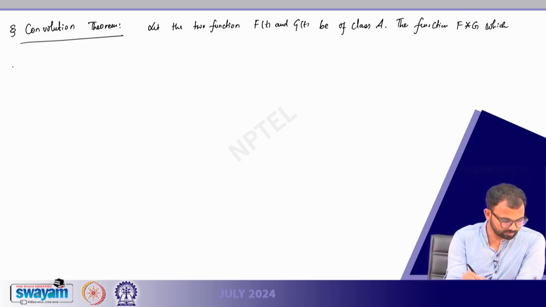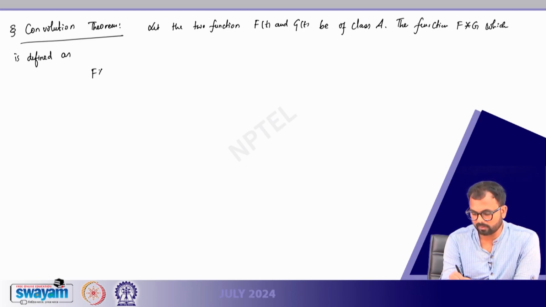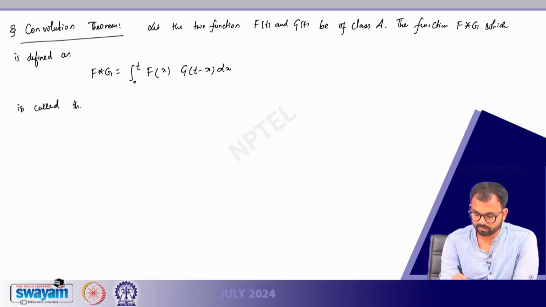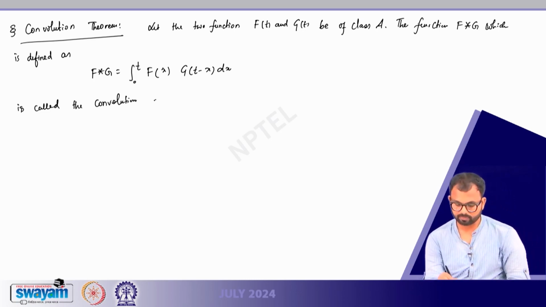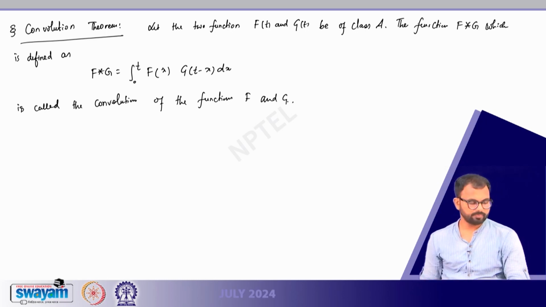Which is the function f star g, defined as f star g equals the integral from 0 to t of f(x) g(t minus x) dx, and is called the convolution of the functions f and g, right.